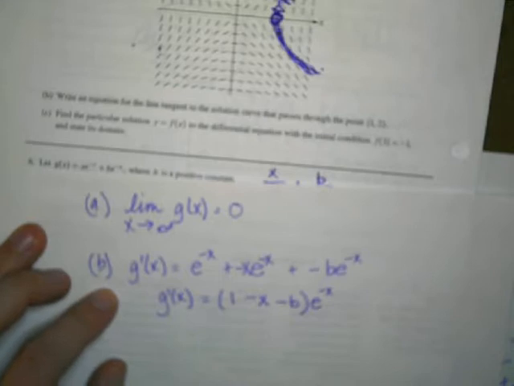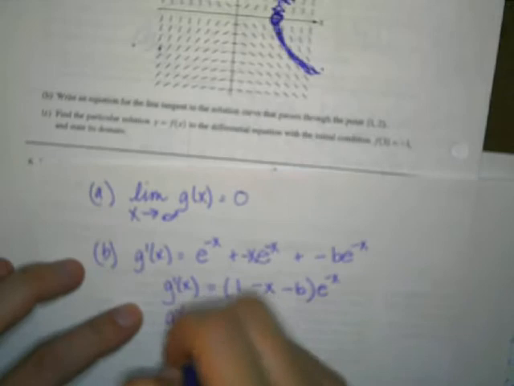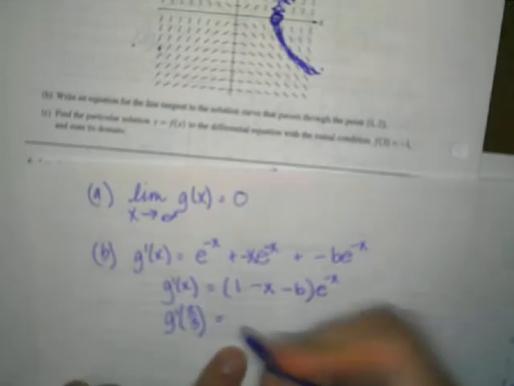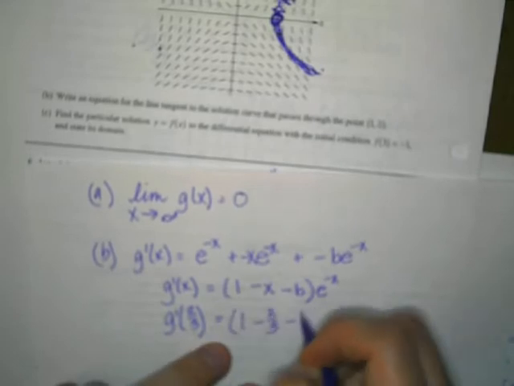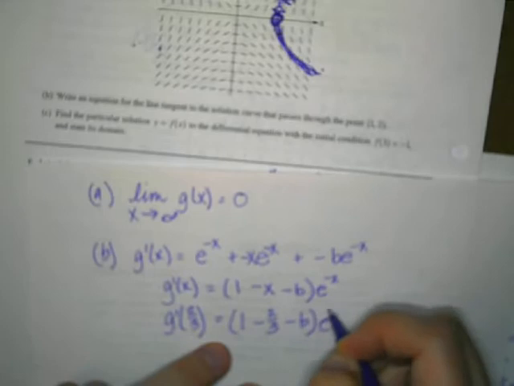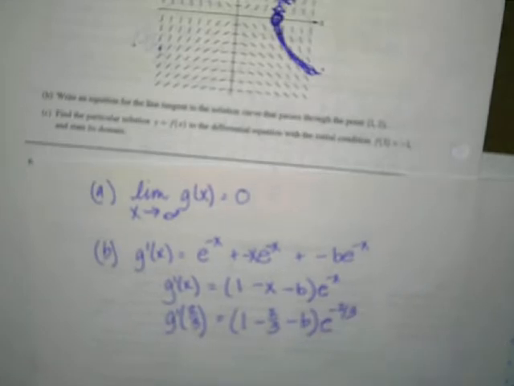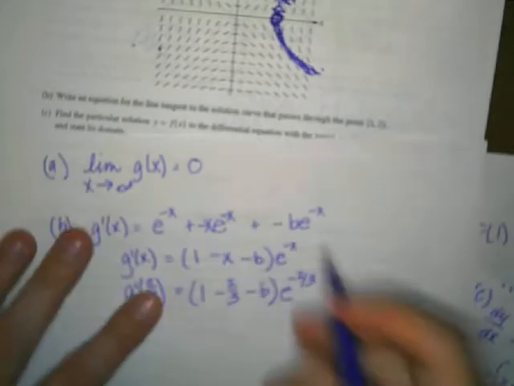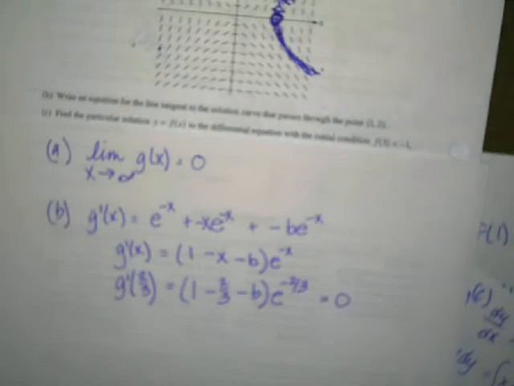And then I'm going to see what g prime of 2/3 is. So I'm plugging 2/3 for x. You get 1 minus 2/3 minus b times e to the negative 2/3. I'm going to take that, set it equal to 0, because I'm trying to find my max or my min here.